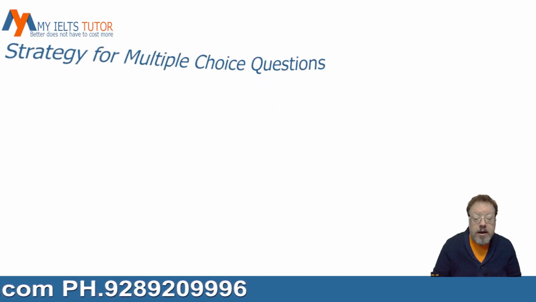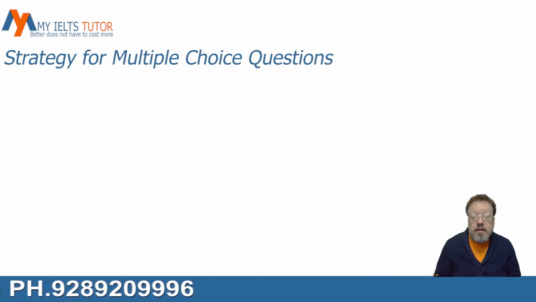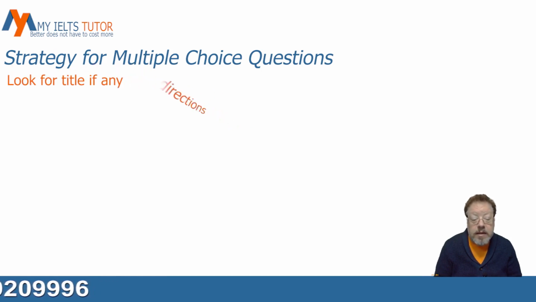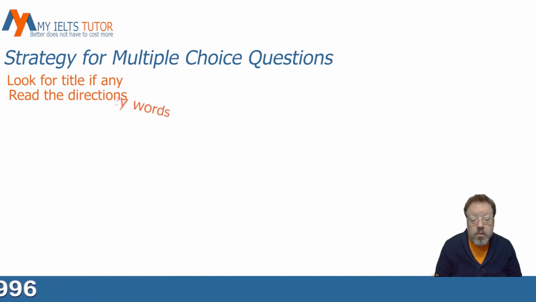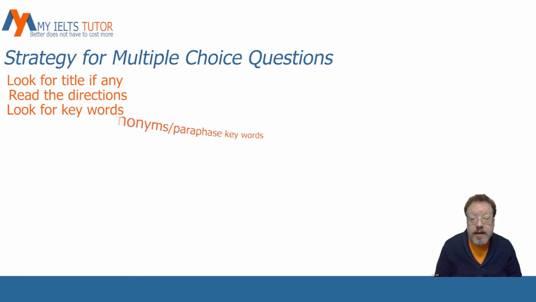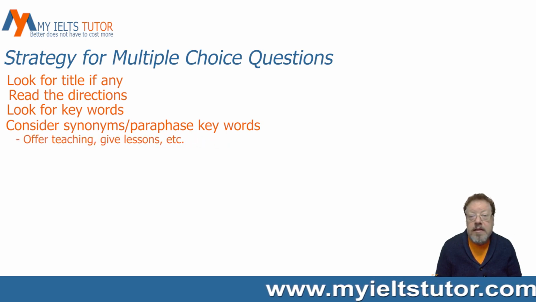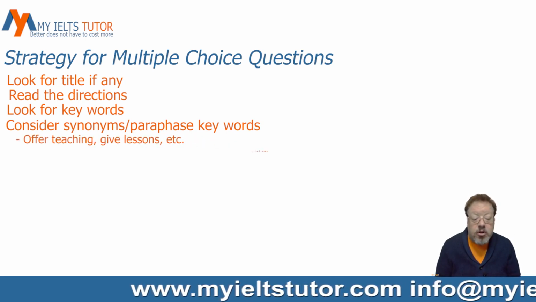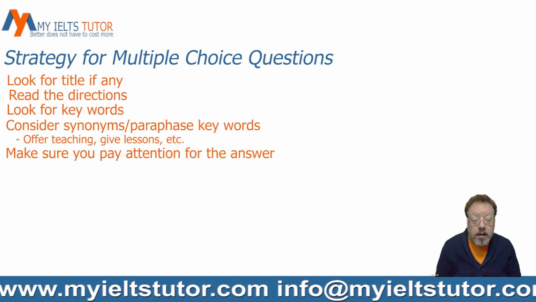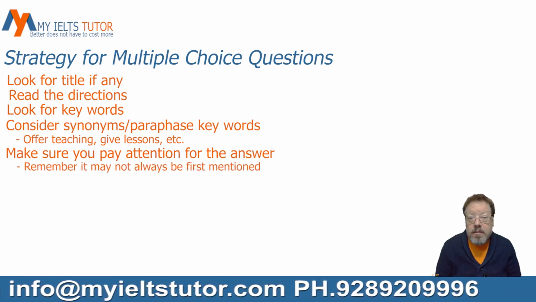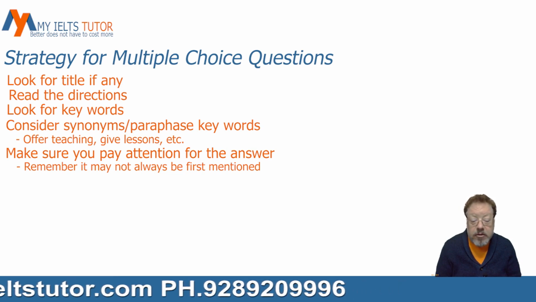Now, the strategy for multiple choice questions is, first, look for a title, if any. Then read the directions, look for keywords, and consider synonyms or paraphrases for the keywords. For instance, offer teaching could be expressed as give lessons. Pay attention for the answer. Remember, it may not always be the first answer mentioned.